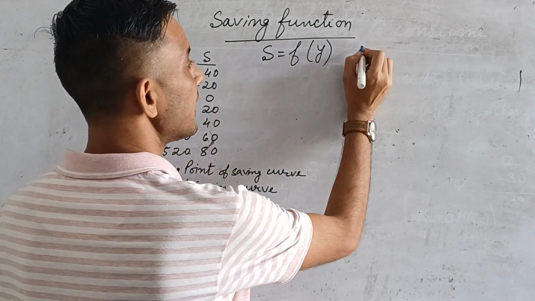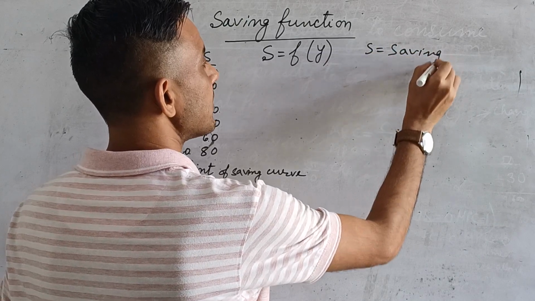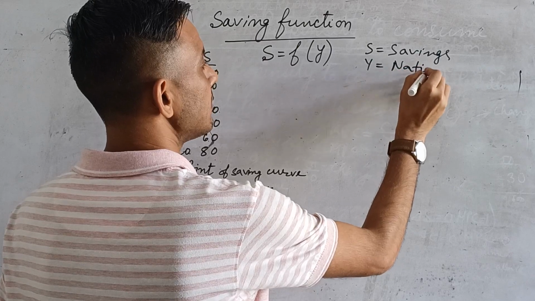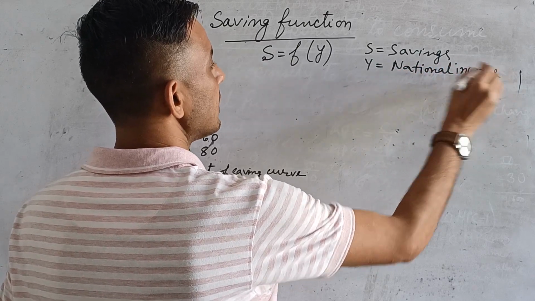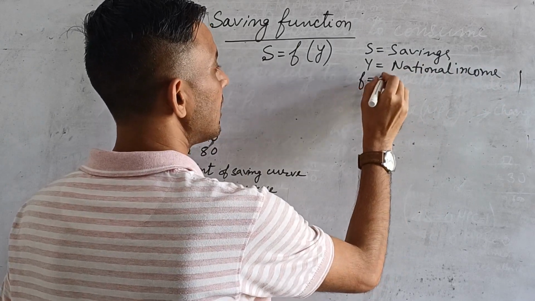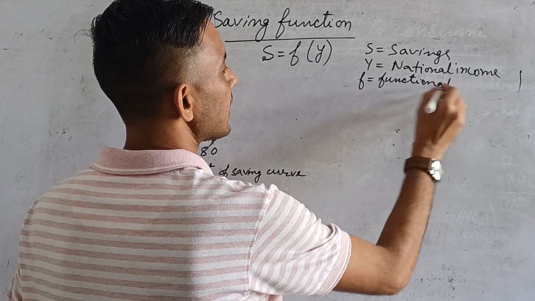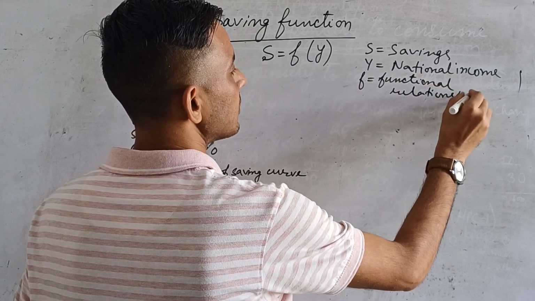So it means here S is for savings, Y for national income, and F for functional relationship.